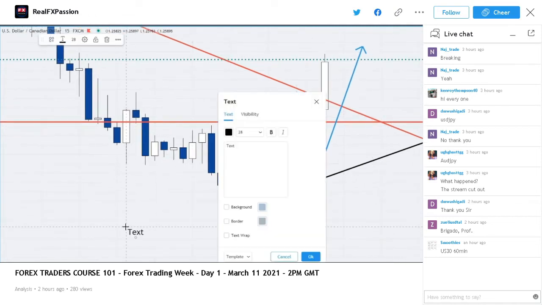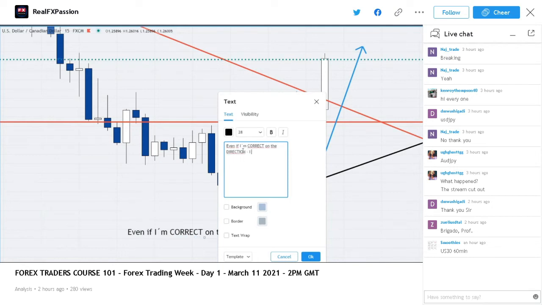Okay, so here is the golden nugget talking about trading, beginner traders. Even if I'm correct on the direction, I can still lose because of the wrong timing, because of my wrong timing.